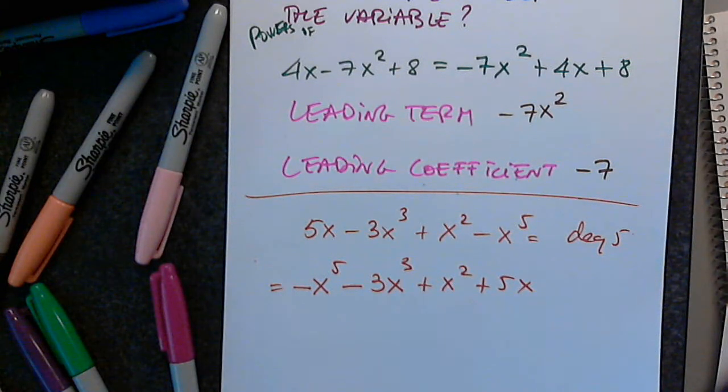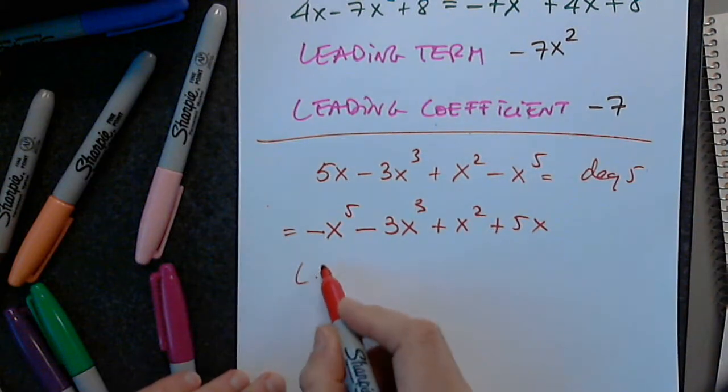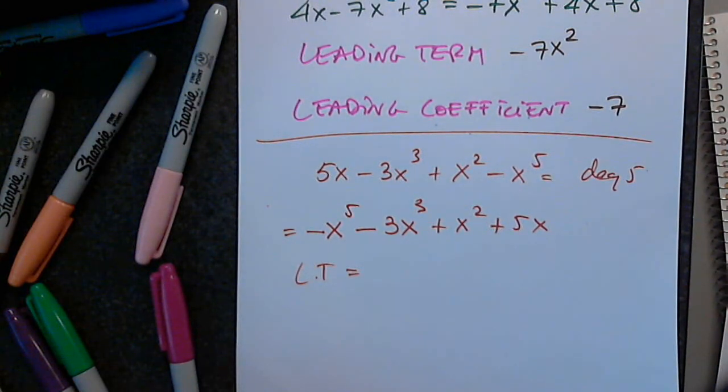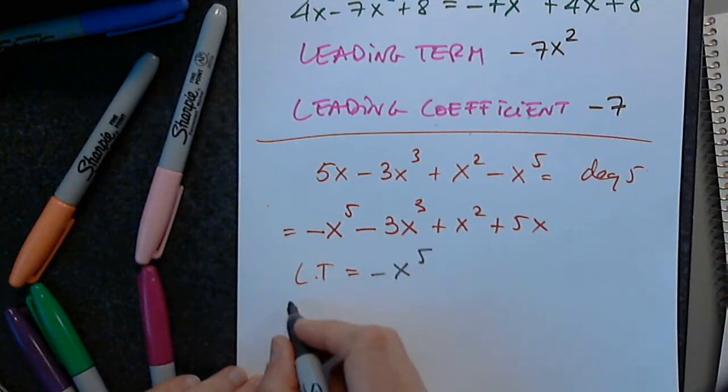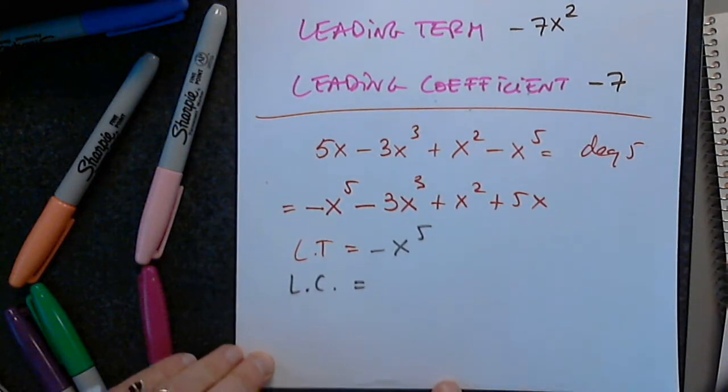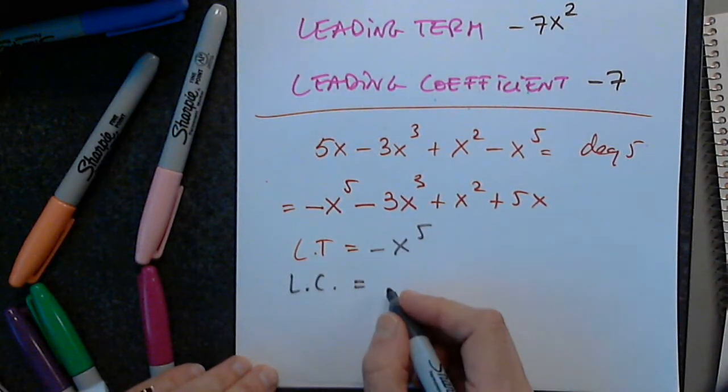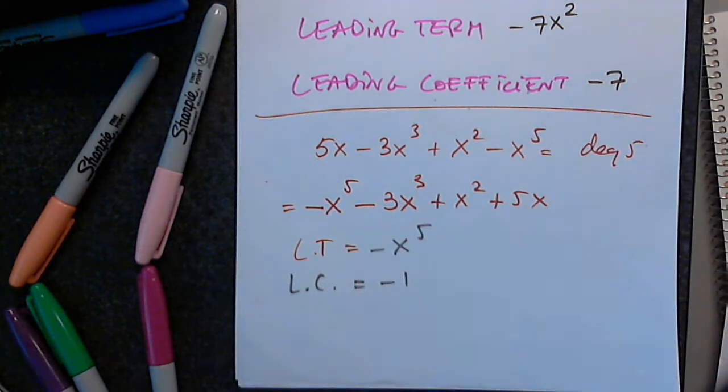Good. Now I would like you to determine for me the leading term. It's the first one. Yes, it's negative x to the fifth. The leading coefficient, please. Negative 1. Thank you. Later on, not in this course, that will mean a lot.